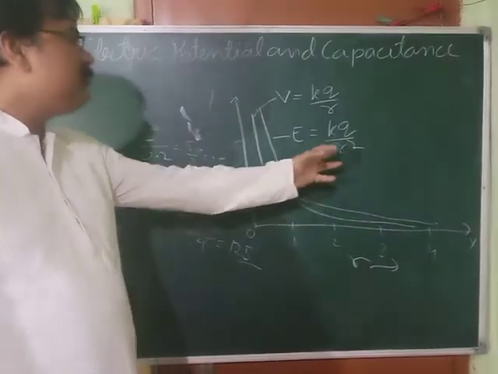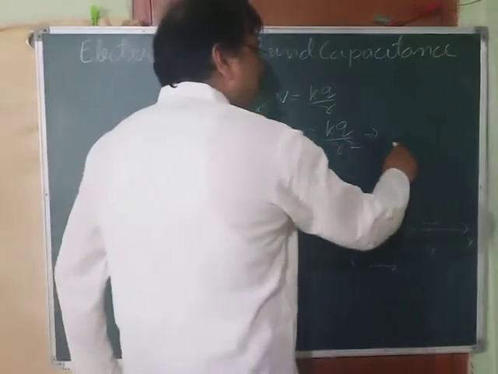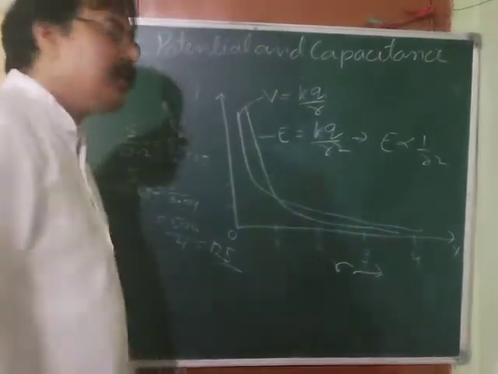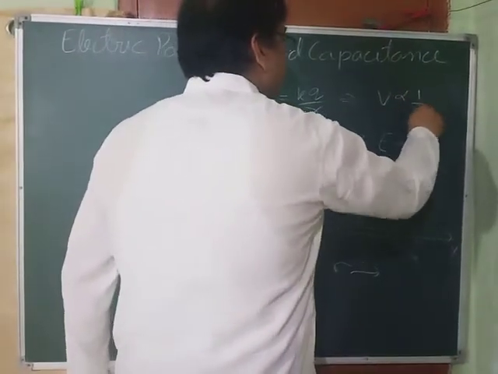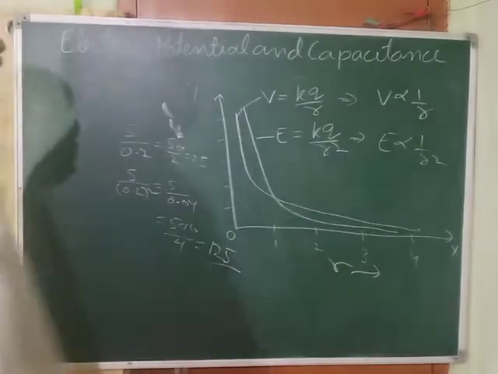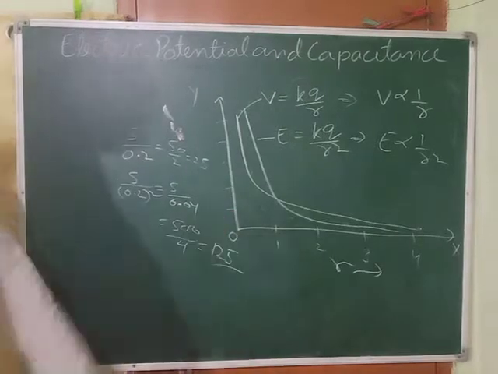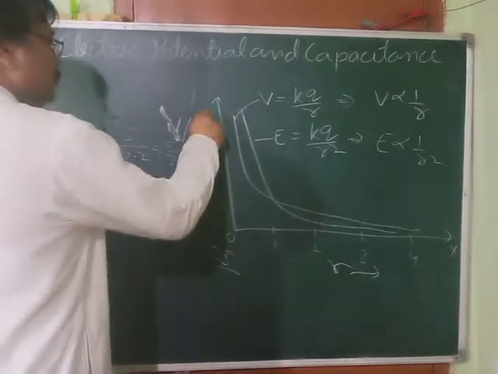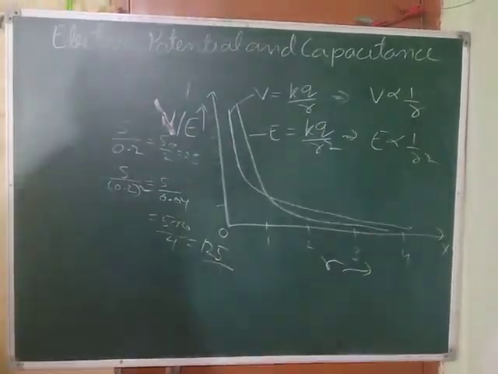Why? Because E is proportional to 1 by r square, whereas potential is proportional to 1 by r. So this is the graph of electric field and electric potential versus r. Here you can write V and E. I think you have understood this.